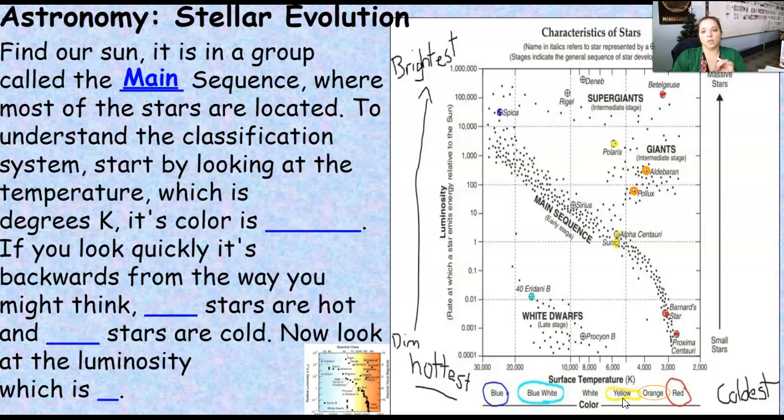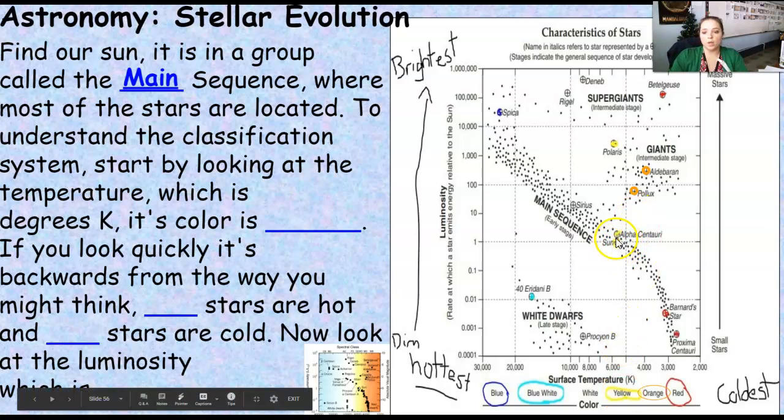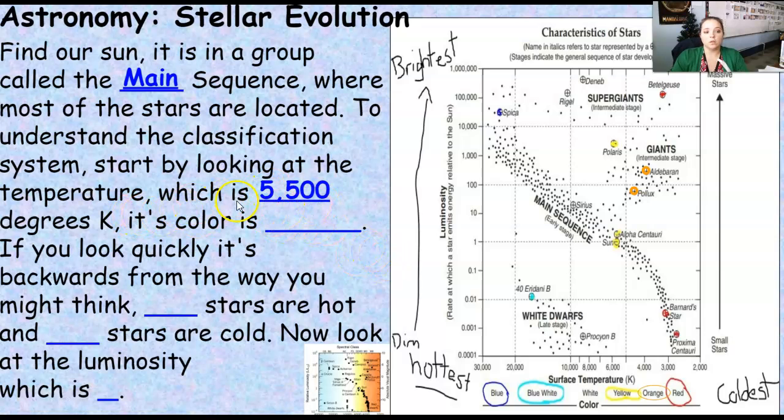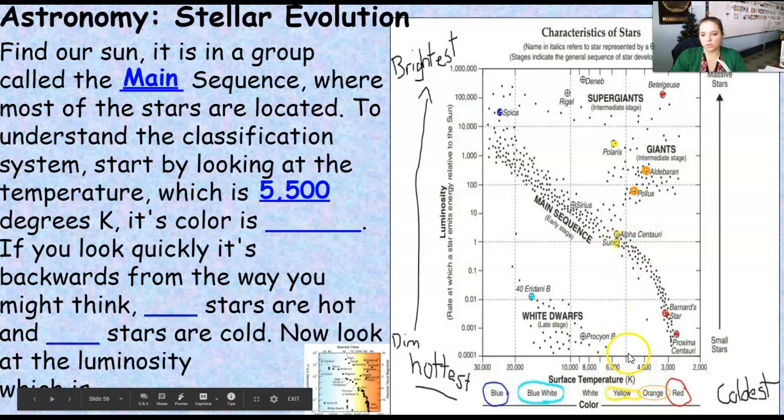I just colored in the different stars with the different colors. So if I go up, the sun is considered yellow. Oh, sorry. The temperature for this is about, if you look at right here, where there's 4,000, there's 6,000, that's probably 5,000. It's about halfway. So I'm going to say about 5,500 degrees Kelvin, and it's yellow. So I skipped ahead a little bit.